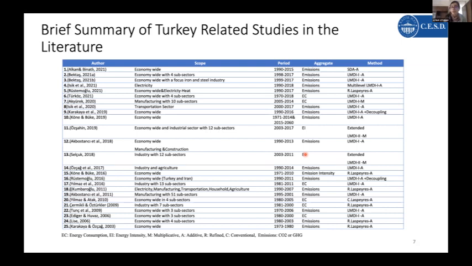Another common point is that the main finding of these studies is that the activity effect, which is actually the impact of production increase on energy consumption or the change in carbon emissions, has been the dominant factor behind the changes in energy consumption or emissions. So this is the second common point.